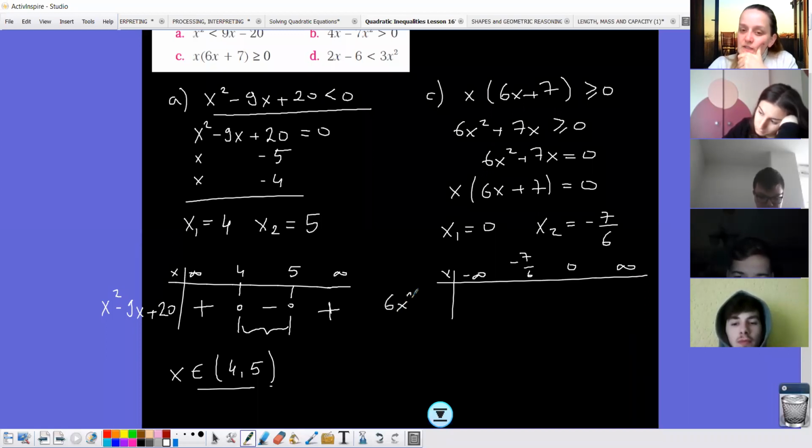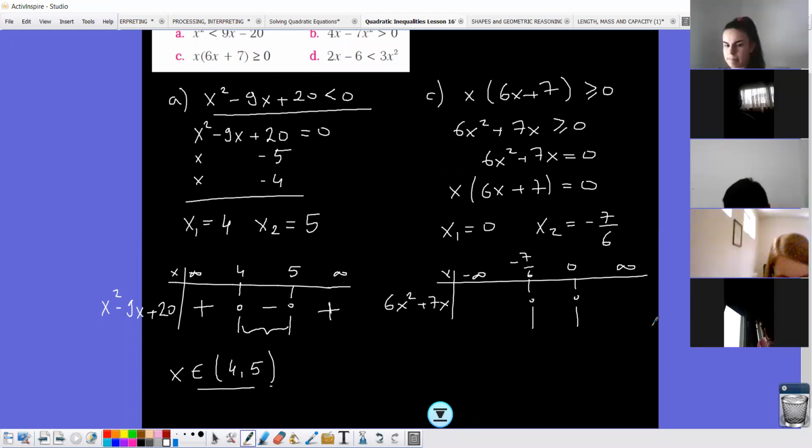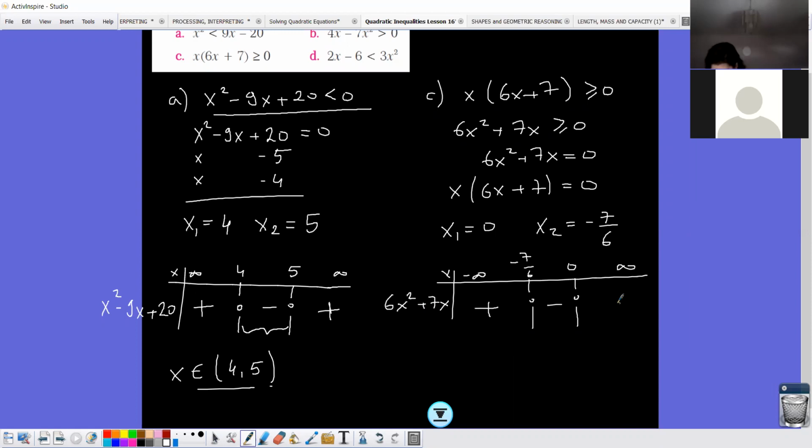Our expression is 6x squared plus 7x. Then, the roots, will they be filled or empty? It will be plus, minus, plus, filled. What does it mean when it is filled?